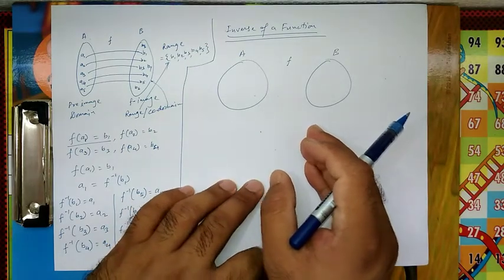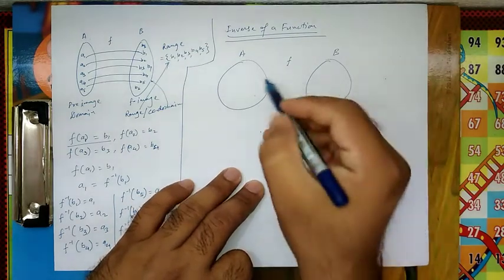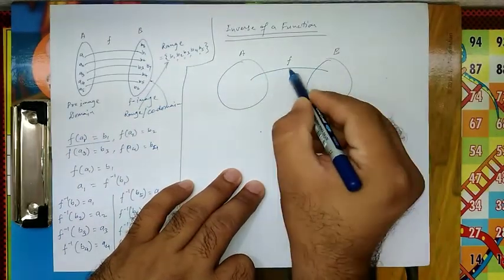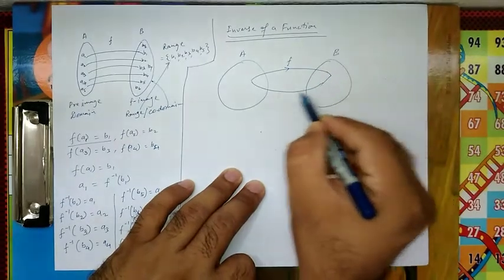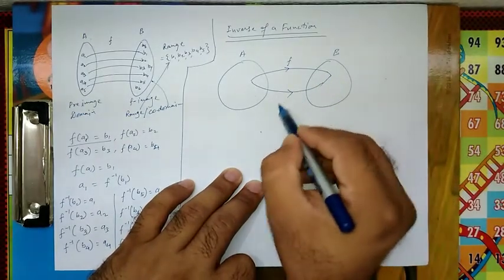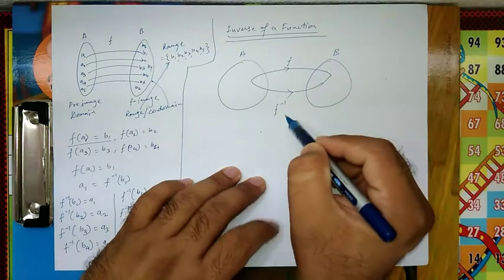From here to here it is function, and obviously here to here also we will see what exactly is happening. So it is F inverse.